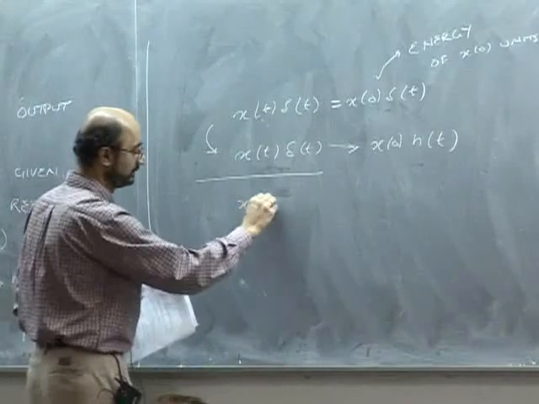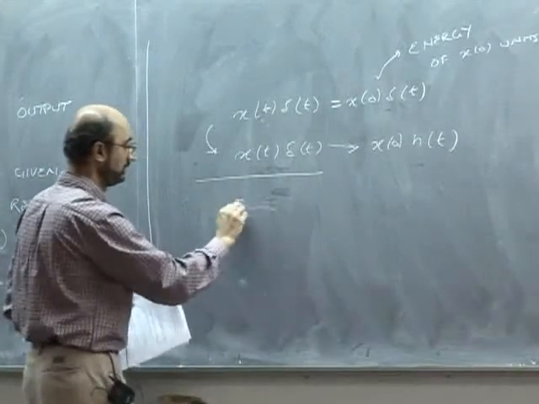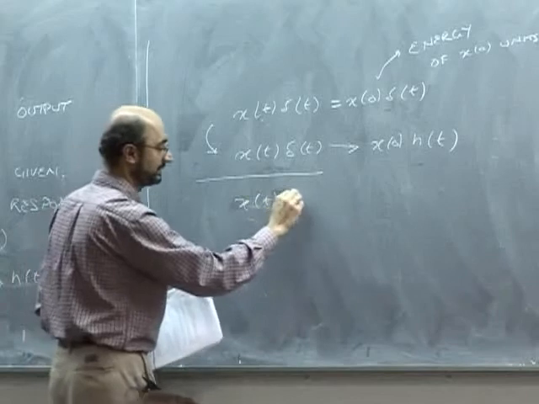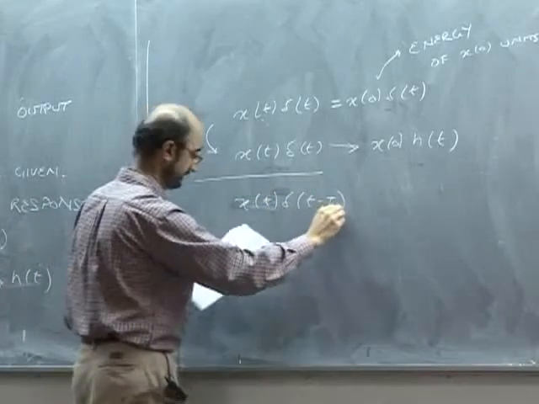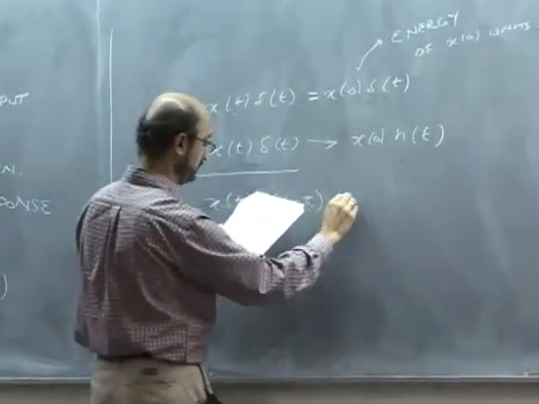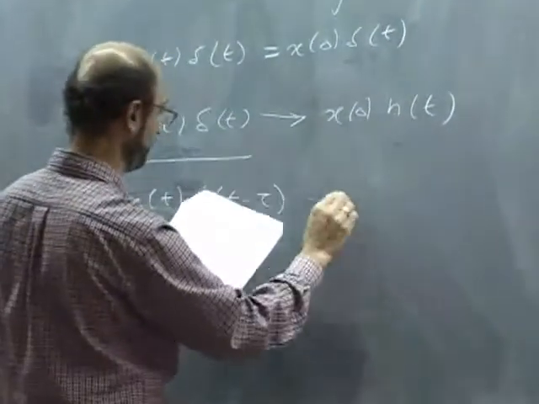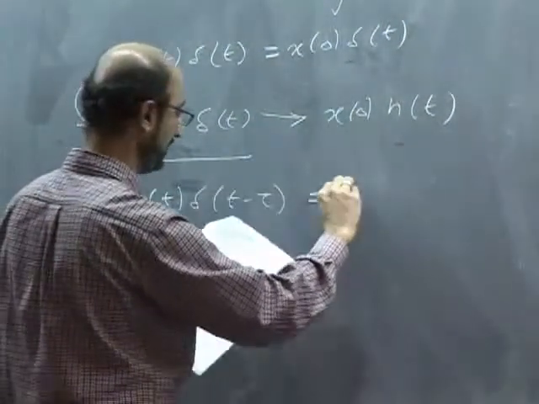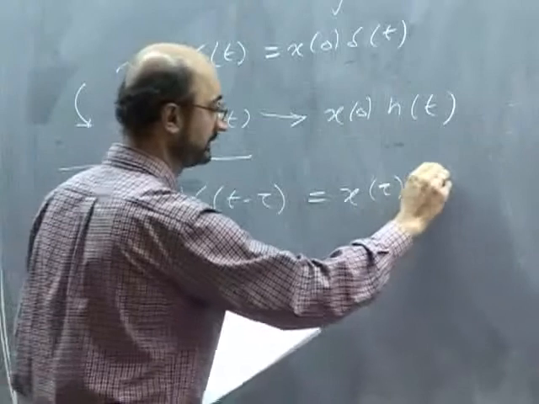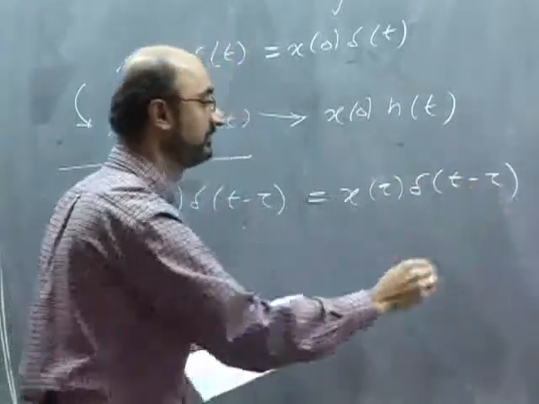So we have this. We know that x(t) delta(t minus tau) equals x(tau) delta(t minus tau). This is something I wrote earlier.